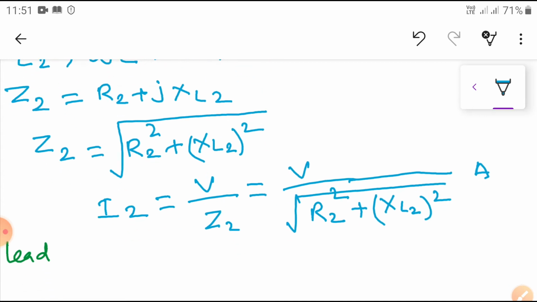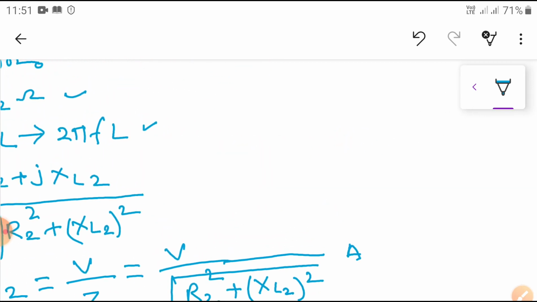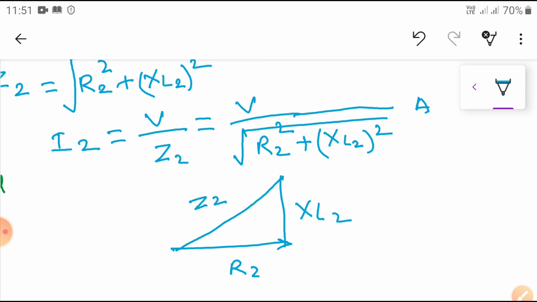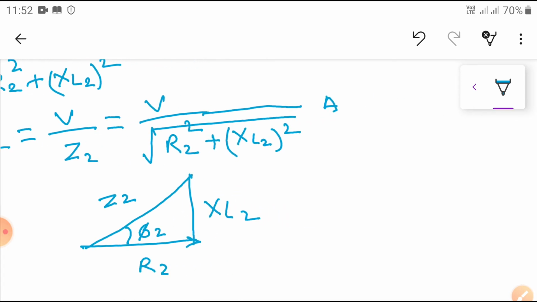After that, you are going to draw once again the impedance triangle. What is the impedance triangle? This is the R2, this is the XL2, this is the Z2, this is the phi 2. Okay, then based on this one, what is the phi 2?